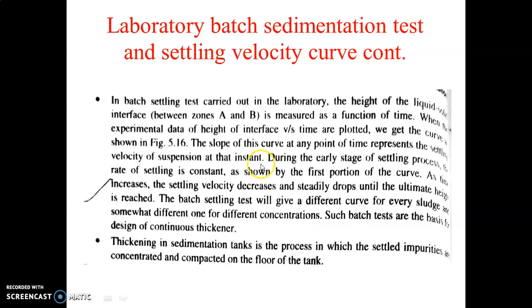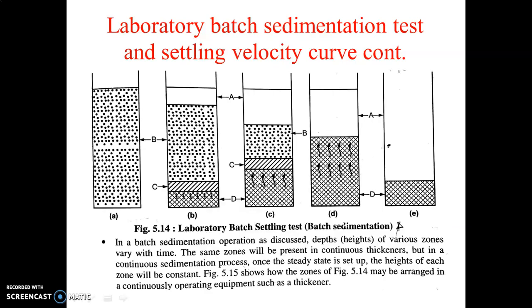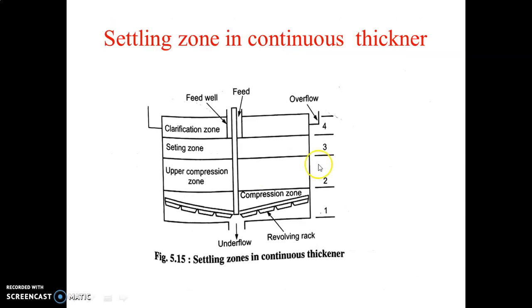This is actually the case of batch settling. In the case of a continuous thickener, these zones remain constant.